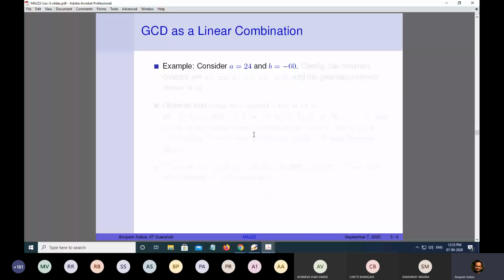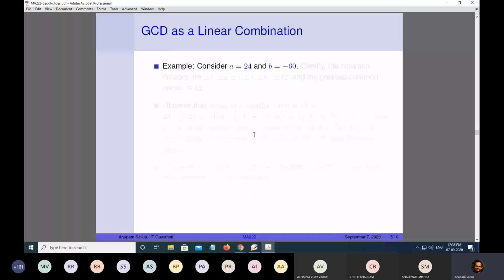Secondly, these things are generalized to rings later on, because in rings also we can have this notion of divisibility, and we can talk about GCD and LCM in more general rings also. Then this question is important, whether the GCD is a linear combination or not. But for integers it is a very classical question, and yes, it is a linear combination.